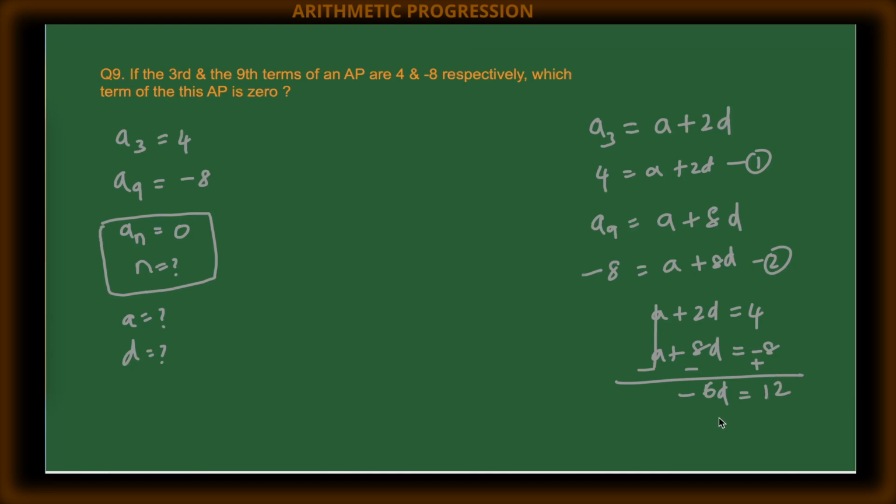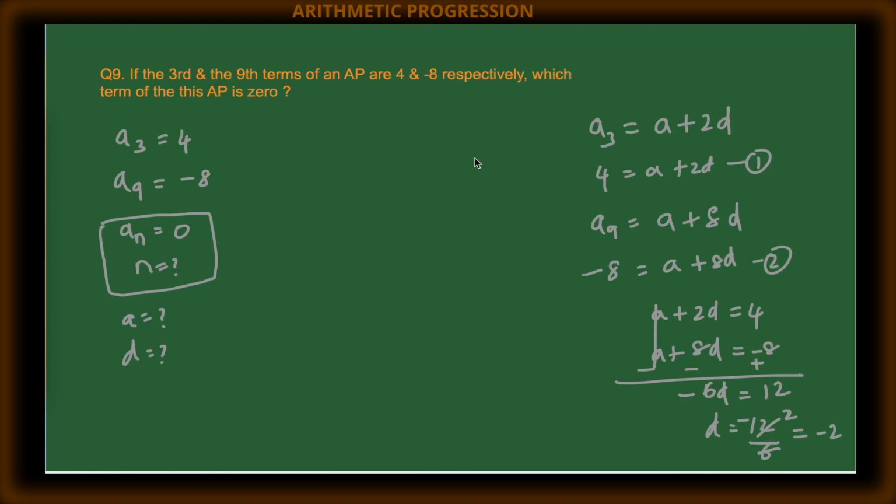So d becomes 12 divided by minus 6, which is minus 2. So we have the d value.